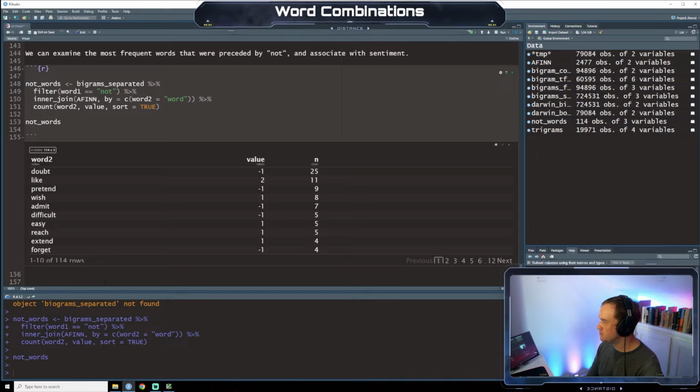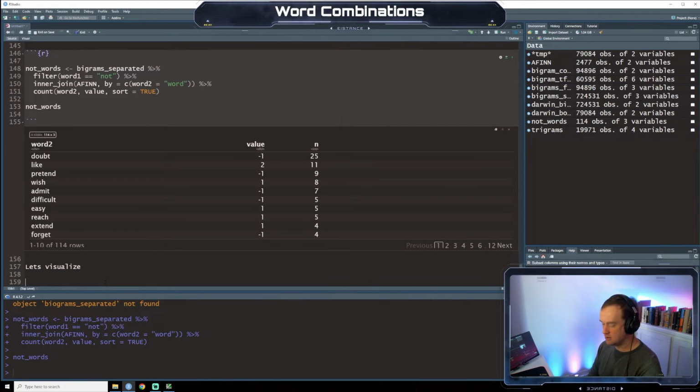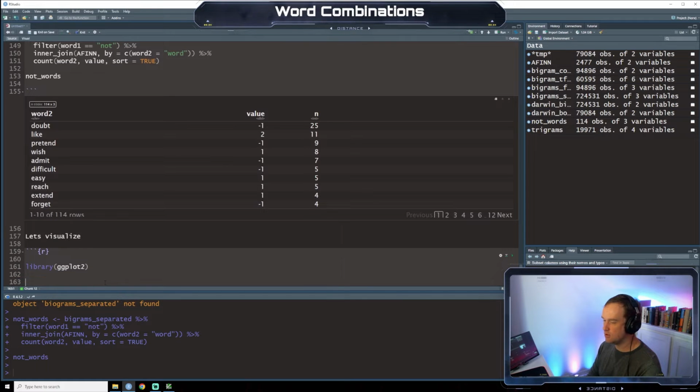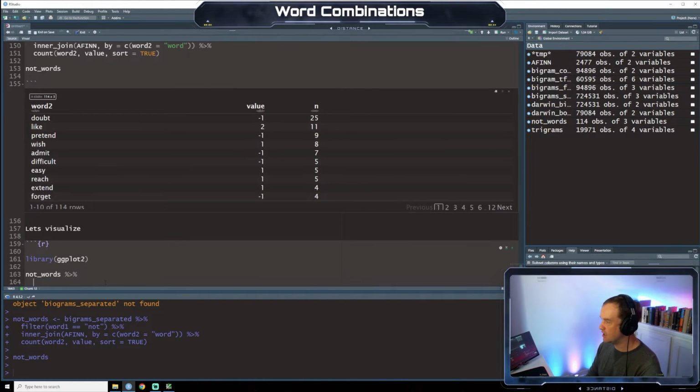So let's visualize. So library ggplot2, not_words, mutate contribution equals n times the value.